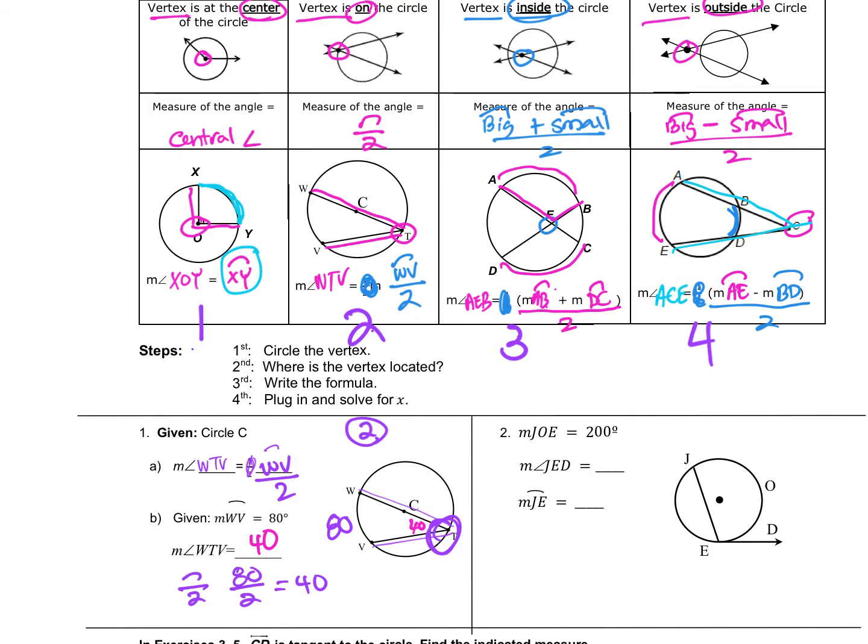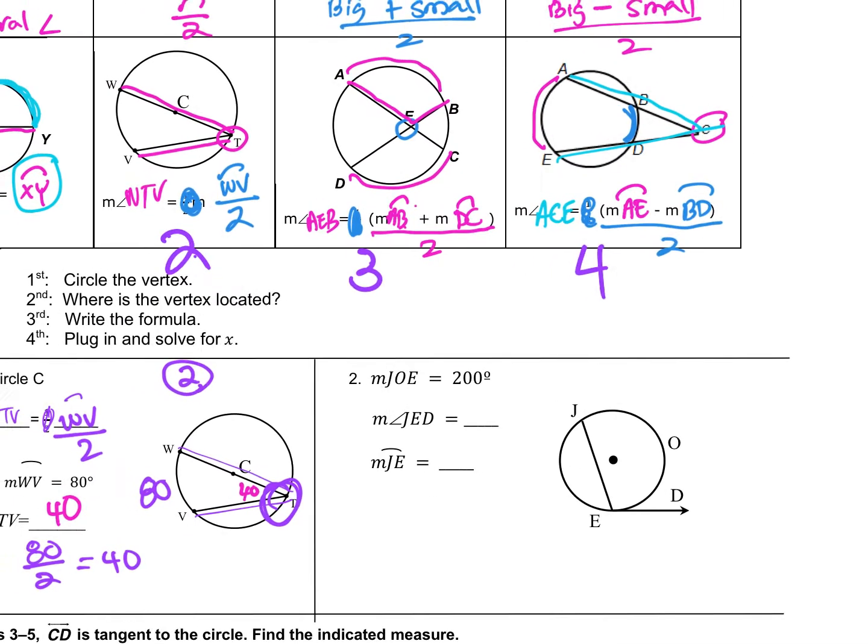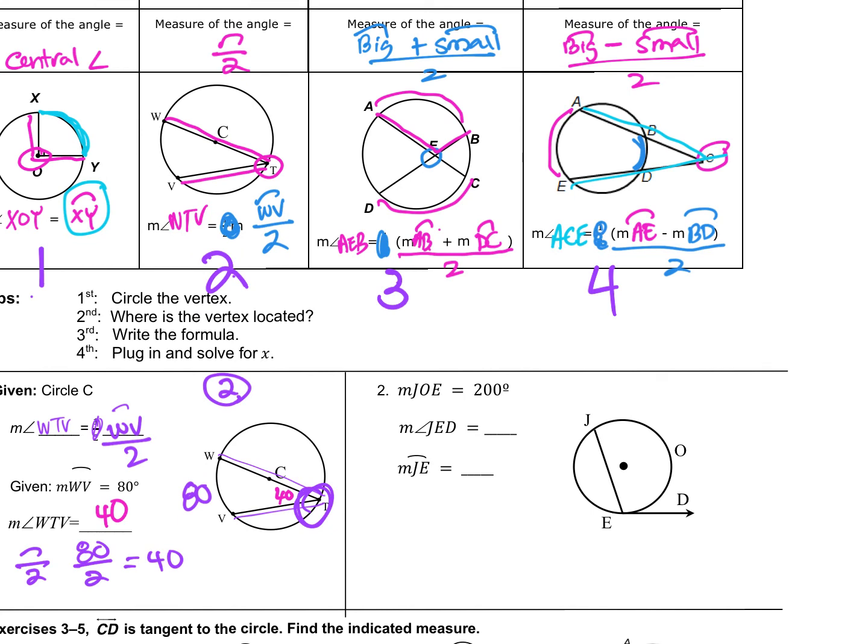Okay, let's look at number 2. First thing we do, where's the vertex? Vertex is right here on the circle. So which one is on the circle? On the circle is number 2. And it says arc JOE is 200. What is angle JED?